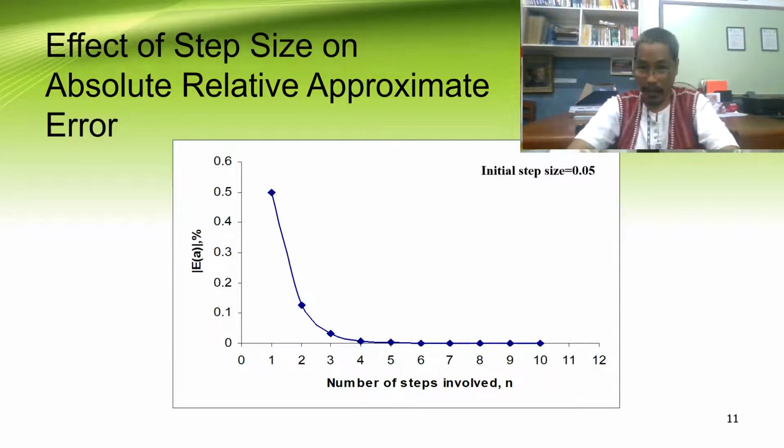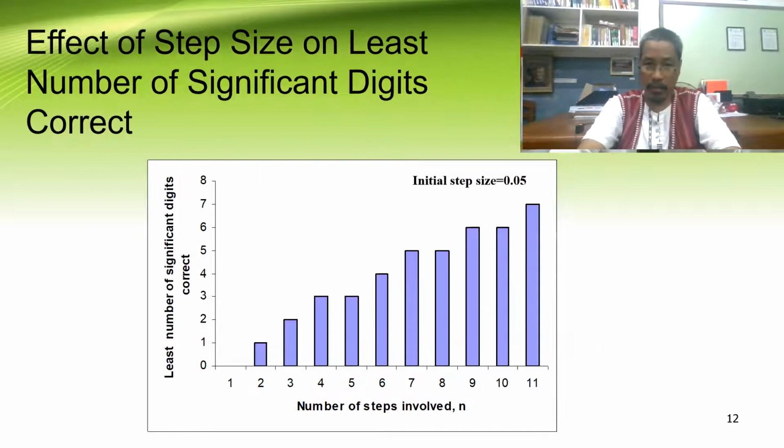There are applications where we really need to go up to the 10th or even 11th. So it depends. This is the effect of step size on absolute relative approximate error, and the number of significant digits, and the number of steps involved.